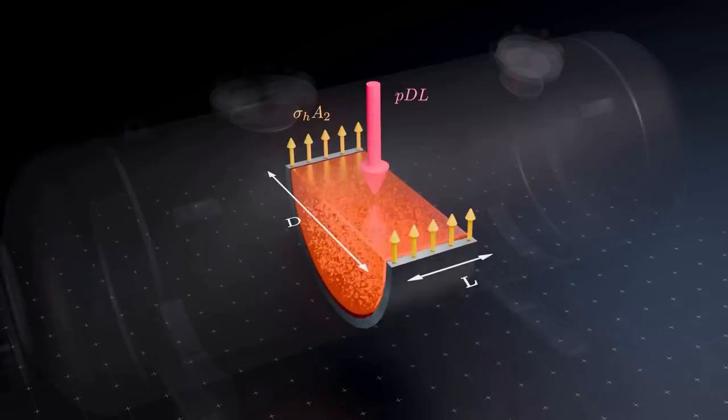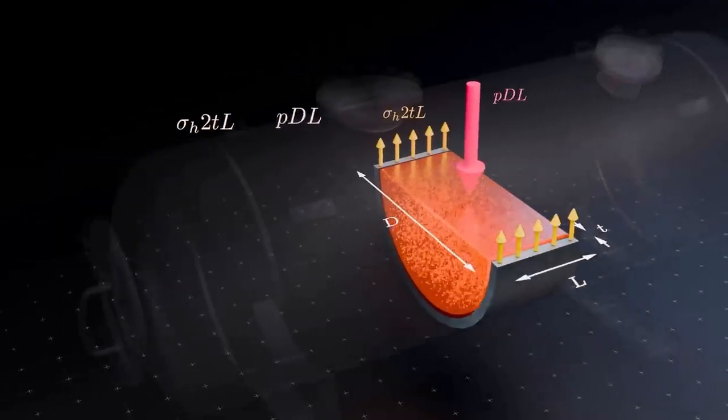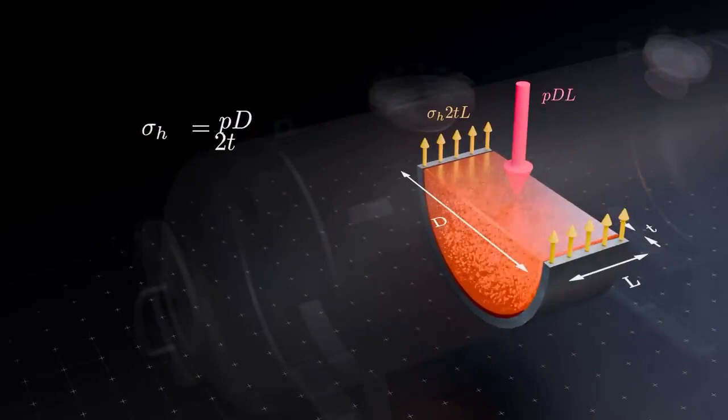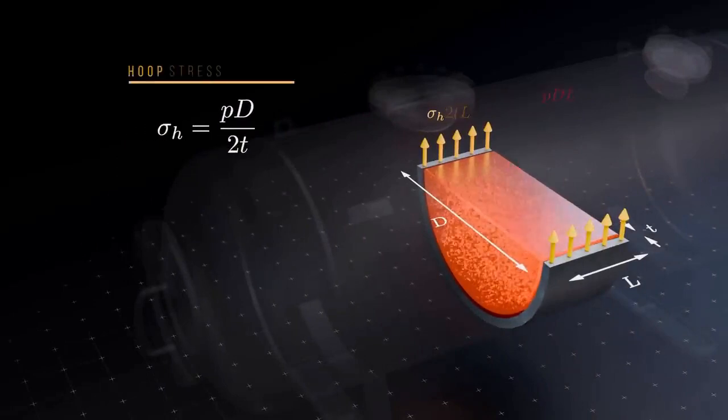This area is 2 times the wall thickness, T, multiplied by L. The two force terms must be equal to maintain equilibrium. We can then solve to obtain the famous equation for hoop stress, PD over 2T.